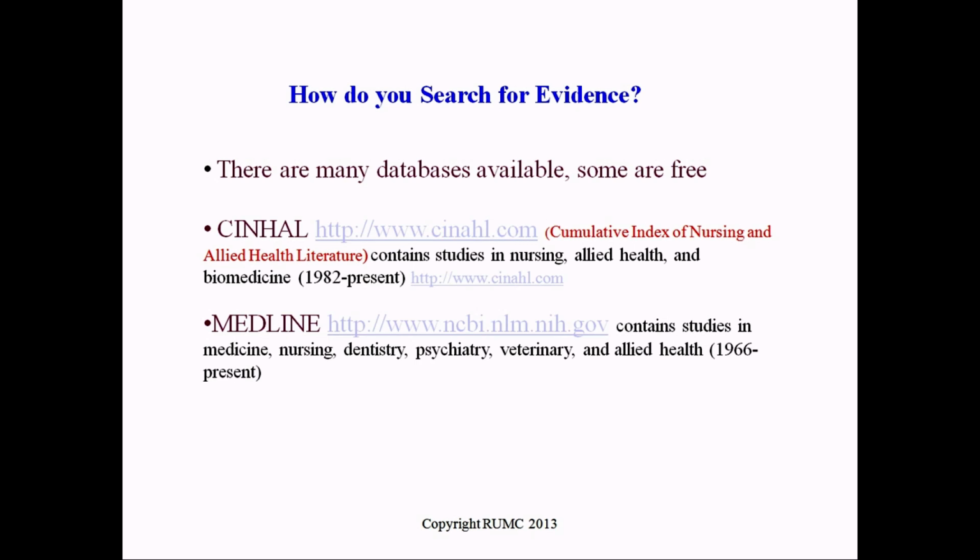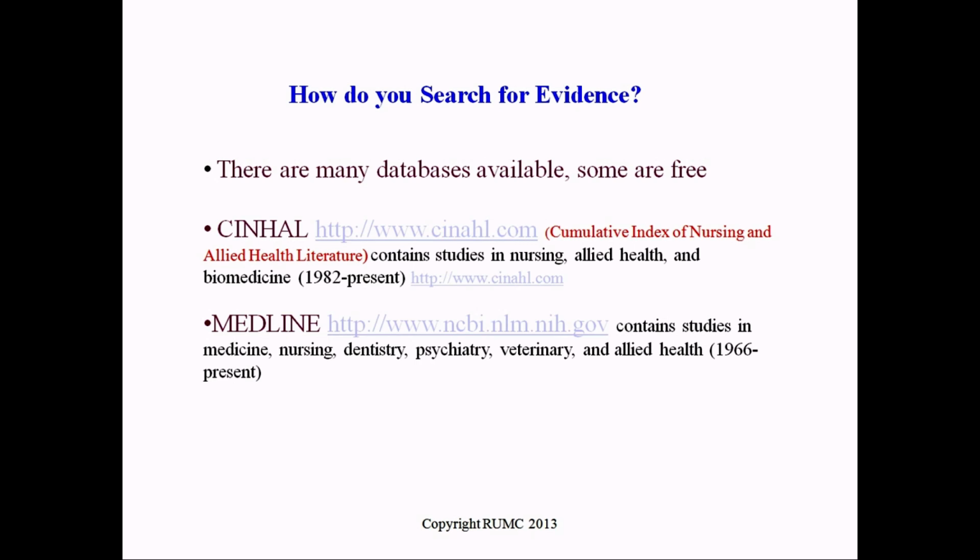Some of these databases do require a subscription. A password may be needed. Oftentimes you can access these databases through a hospital or academic health science library. But we've listed on this slide CINAHL and Medline, which are two common databases.